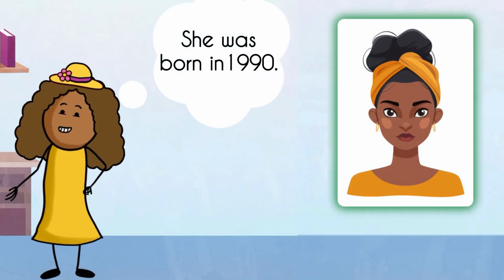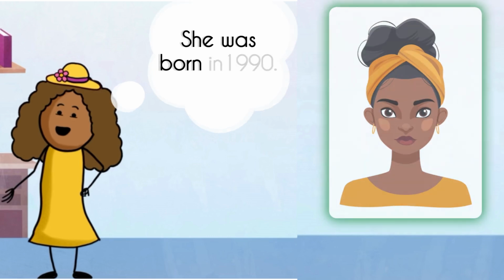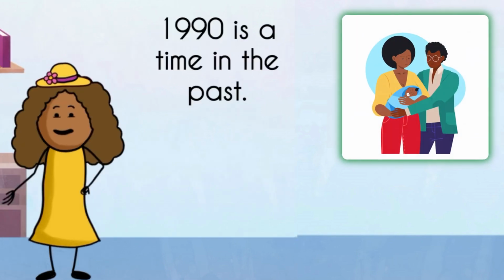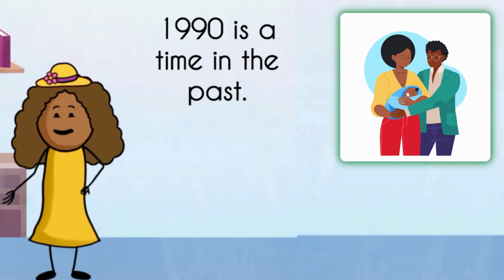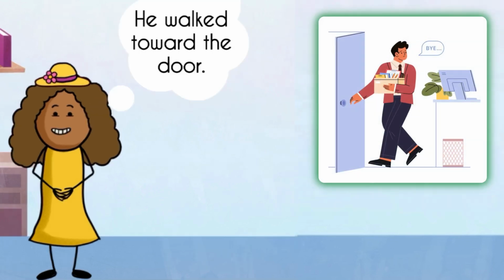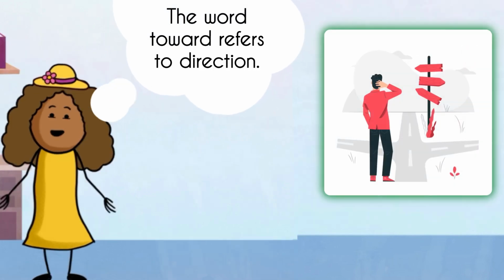She was born in 1990. 1990 is a time in the past. He walked toward the door. The word toward is direction.